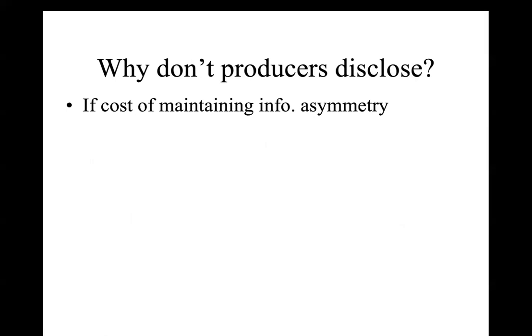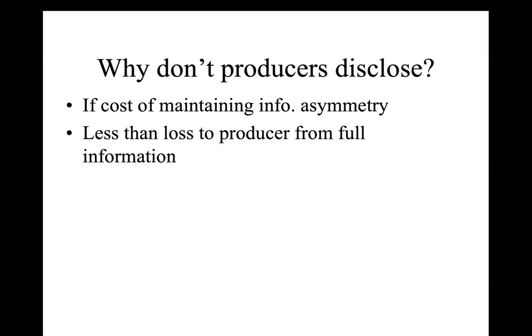So producers won't disclose, and we kind of talked about this on a previous slide, if maintaining information asymmetry costs less than providing full information. Okay, so remember, maintaining asymmetry is probably going to reduce demand, but allow us to maintain the highest margins possible. And so I have no incentive to provide more information in that case. Now, if I can provide more information to inform better decisions, to drive demand up, and that actually allows me to produce more profit, then I'll actually prefer full information.